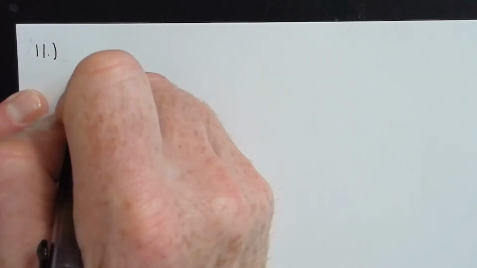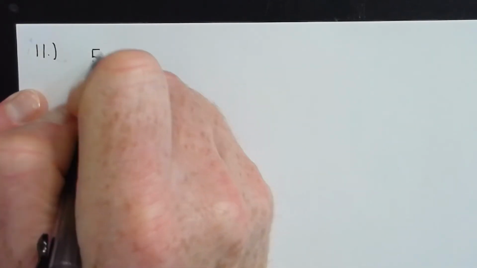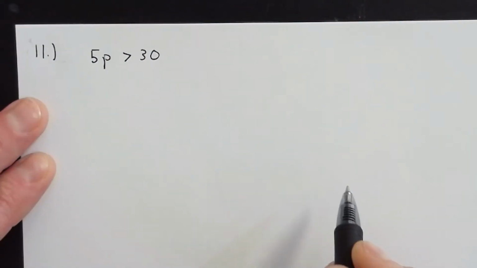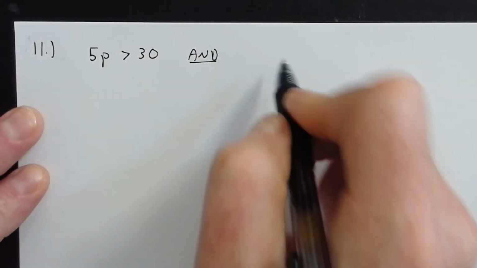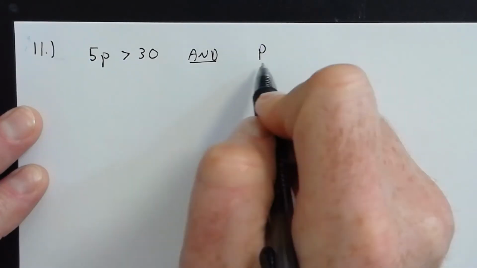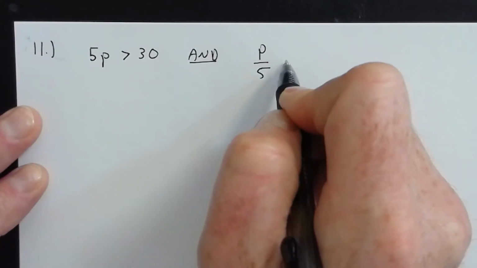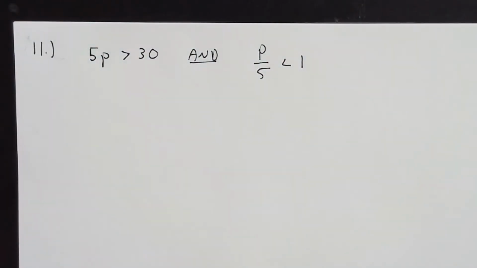Number 11. So this is a compound inequality of the AND type.